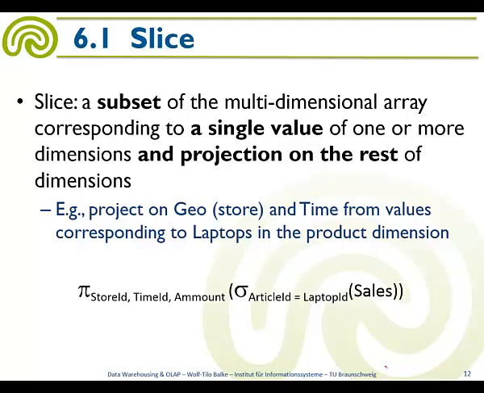Right? So you could say, okay, let's project on a certain store, right? And the times from values corresponding to laptops and product dimensions. What you basically do is you do a projection. This is what I'm interested in. And you do a certain selection, so the article has to be a laptop, for example.